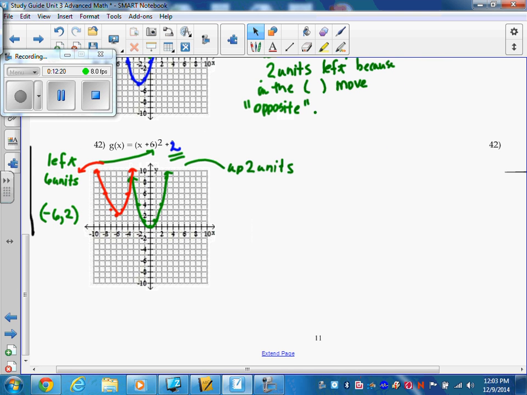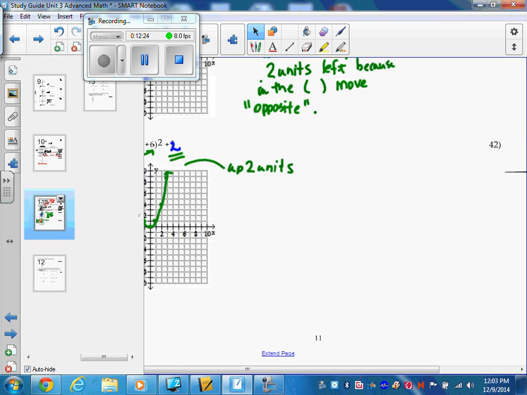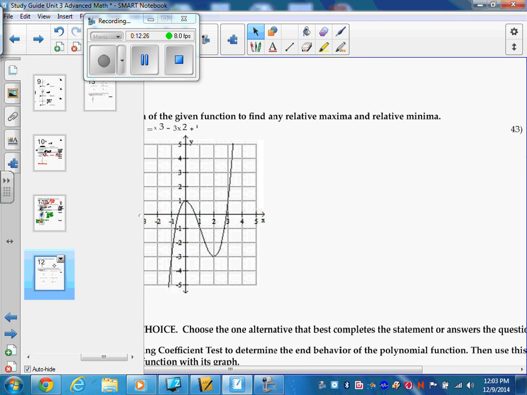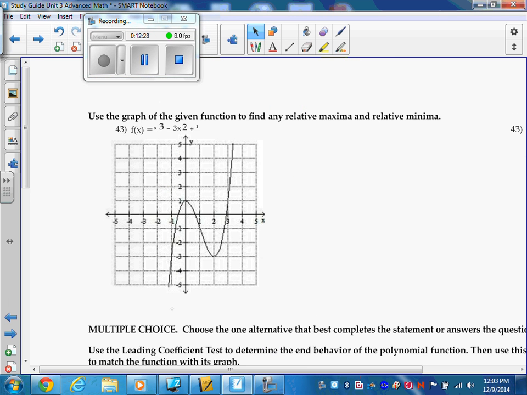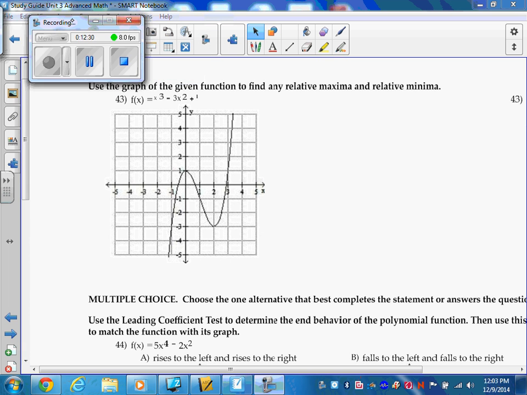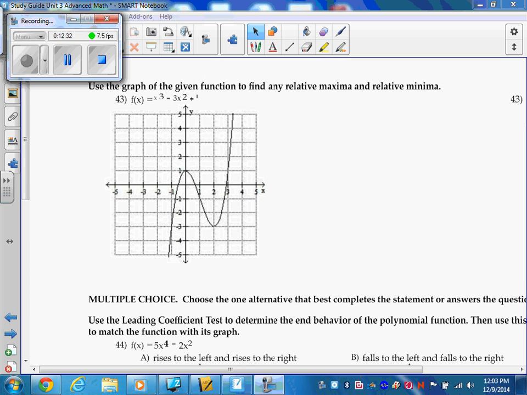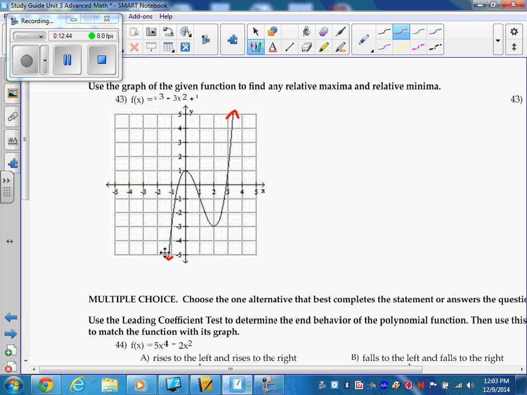So let's get it back in the picture here. On page 12, it's a long study guide, but their problems are kind of spread out. So here we're going to find the relative maxima and minima. A maximum, this piece would actually go on forever there, go on forever there.